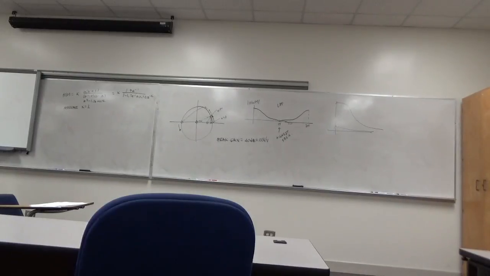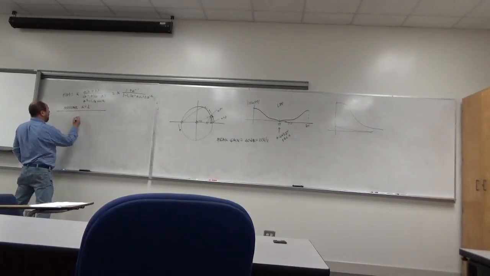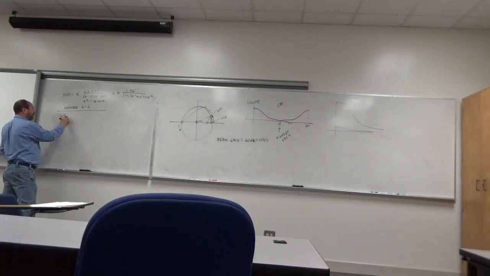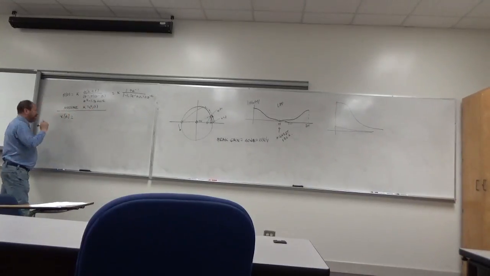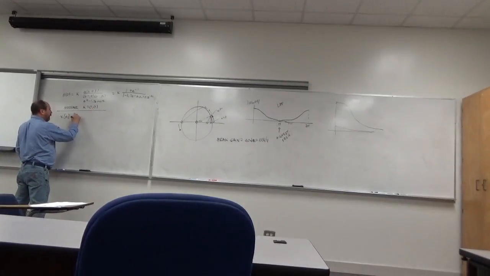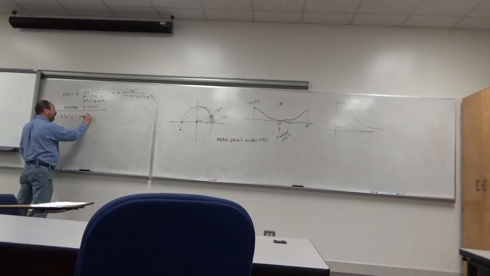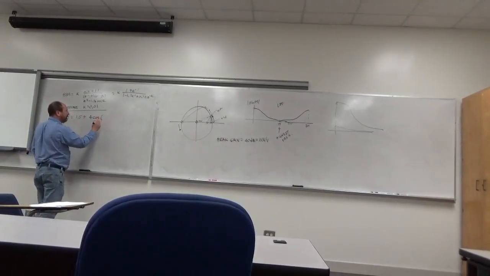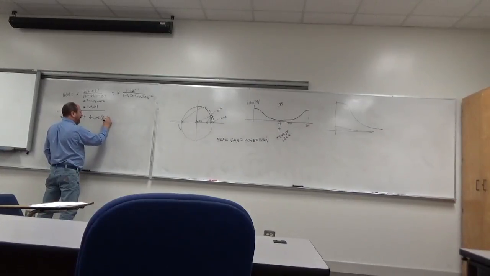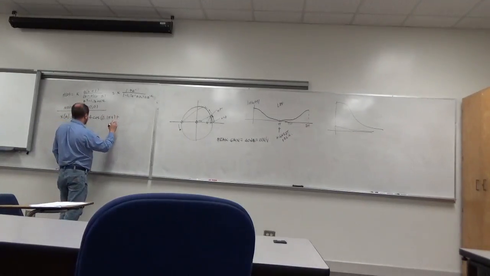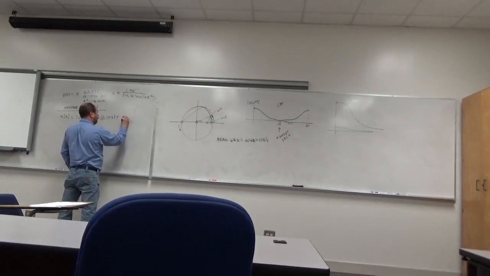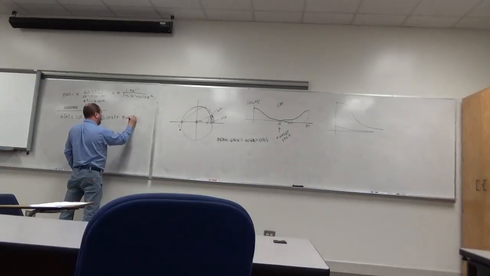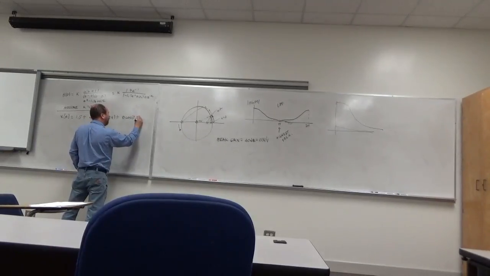But here's what I'm interested in. Let's say that we input to that x of n, and K was 0.01, and I want to keep that. x of n is 1.5 plus 4 cosine of 0.1 pi n plus 8 cosine of 0.75 pi n.